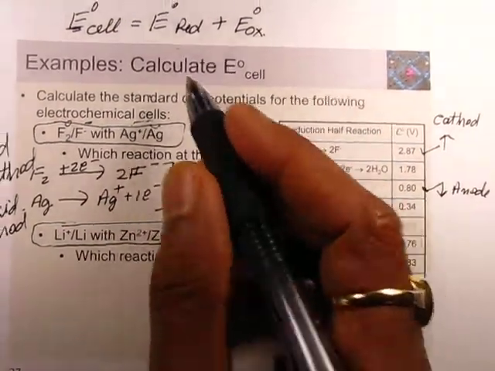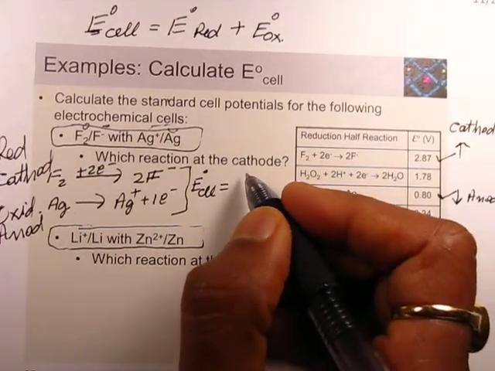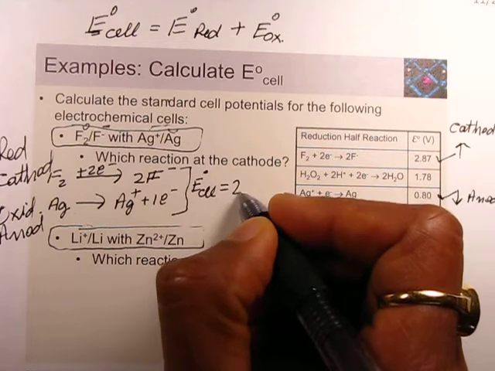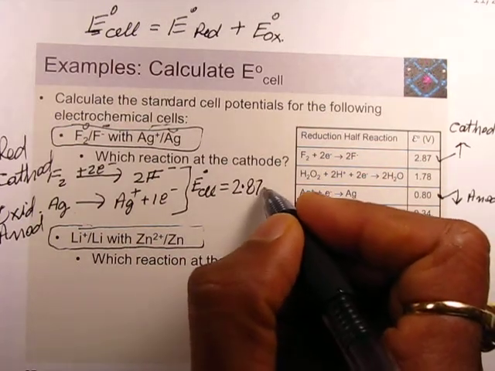So E cell will be the reduction potential, which is 2.87, and then plus.